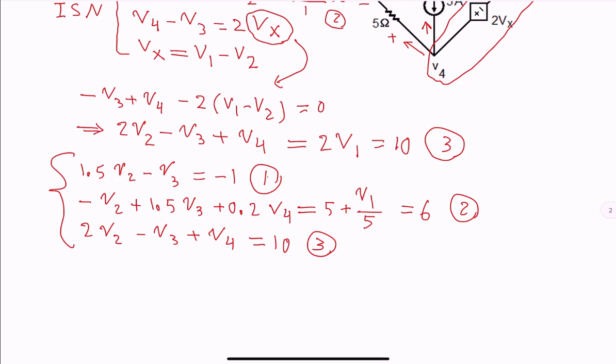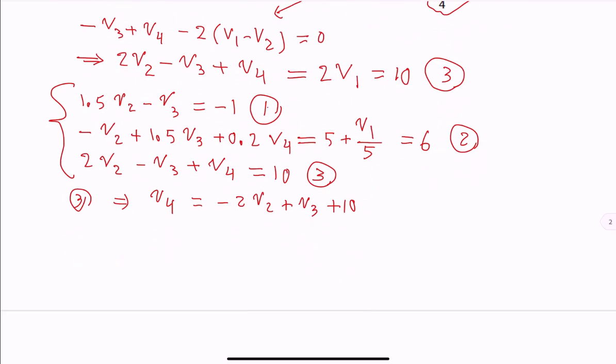Equation 3 can be used to find V4 in terms of V2 and V3. So equation 3 gives us V4 equal to negative 2V2 plus V3 plus 10. V4 does not show up in equation 1, so let's substitute that in equation 2.